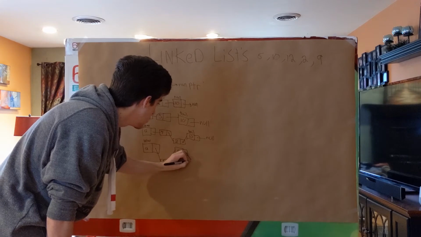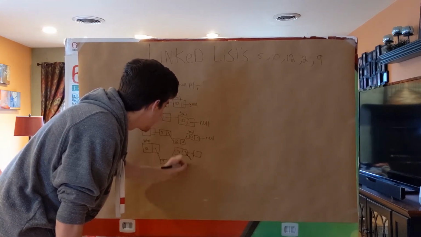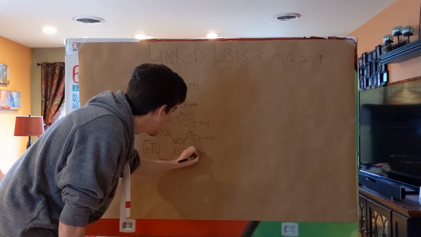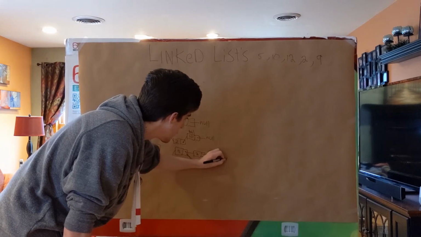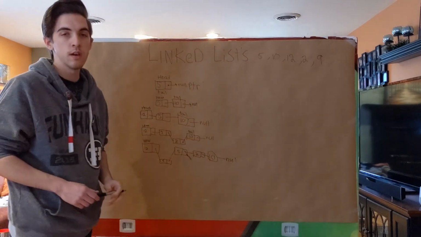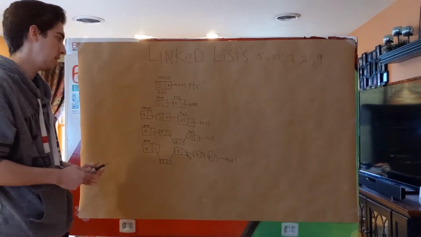And 5 points to 2. 2 points to 10. And then 10 points to null. And now we have inserted all of the nodes into our linked list.